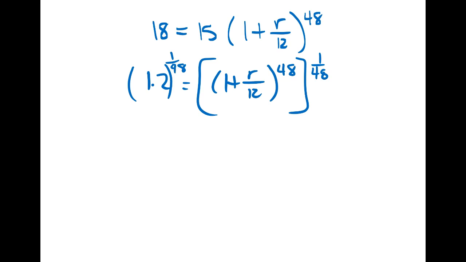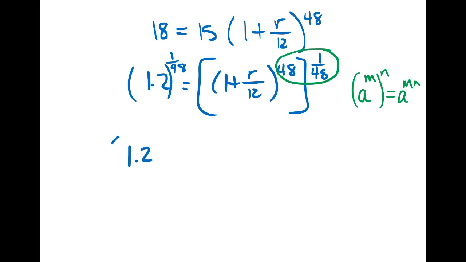And now just a side note here. If you remember your rules of exponents, we know that if we have some base raised to a power, and then we raise that to a power, that is the same as multiplying the exponents. We'll look at what happens if we multiply 48 by 1 over 48.